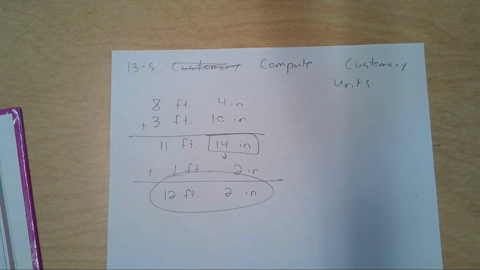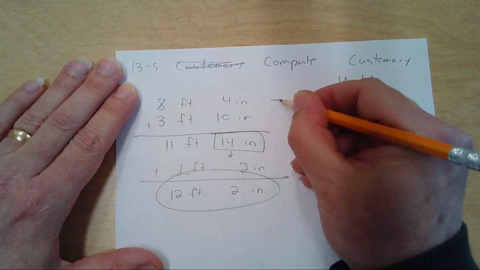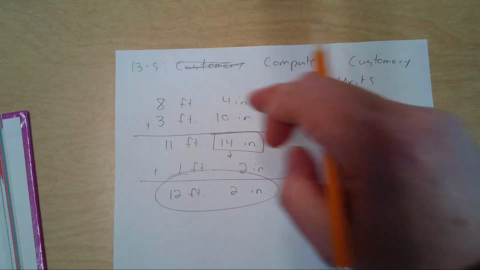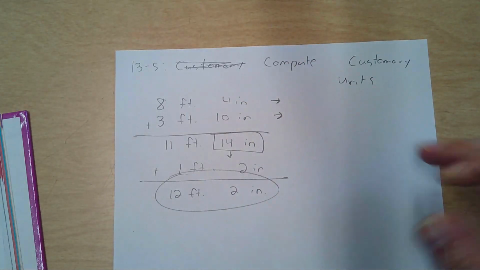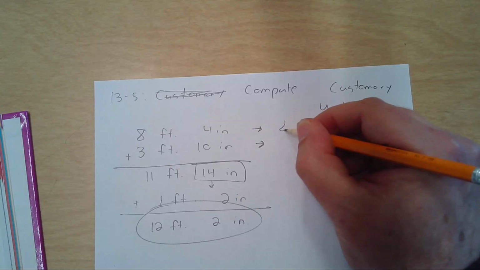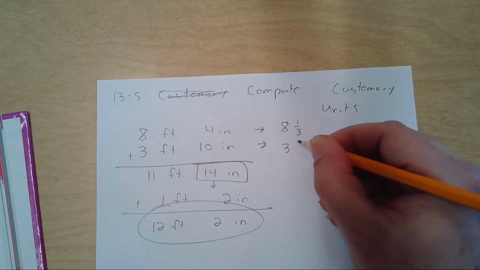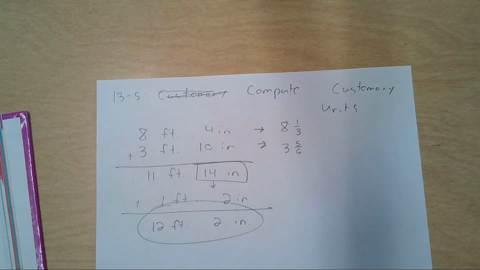The other way I could go about doing this, and again, totally optional, you can decide what's easier for you, is I could convert these into fractions with feet. This would be 8 1/3. And this would be 3 5/6. Again, simplifying.